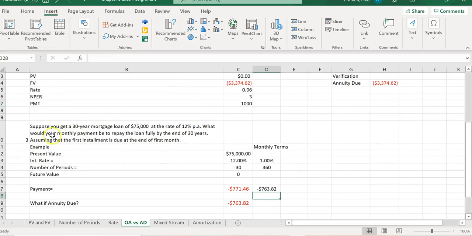Suppose you get a 30-year mortgage loan of $75,000 at the rate of 12% per annum. What would your monthly payment be to repay the loan fully by the end of 30 years, assuming that the first installment is due at the end of the first month? Okay, so this is the problem.